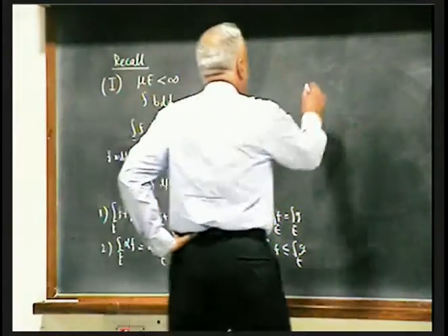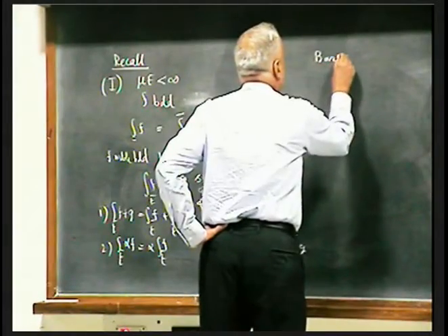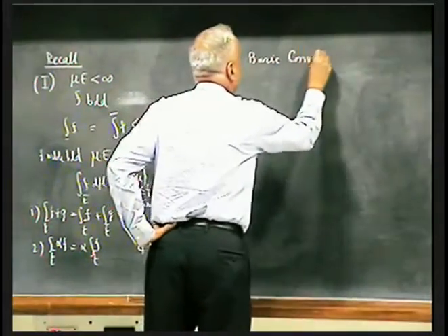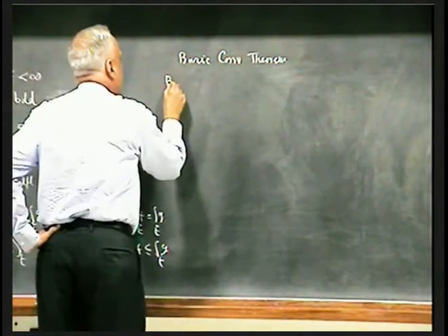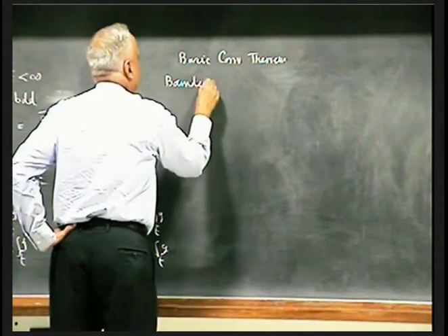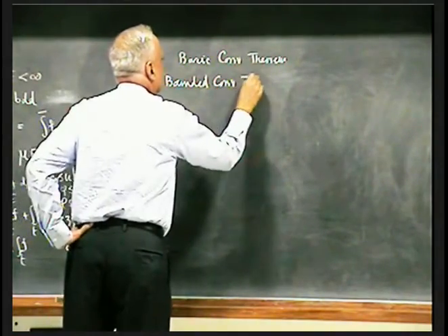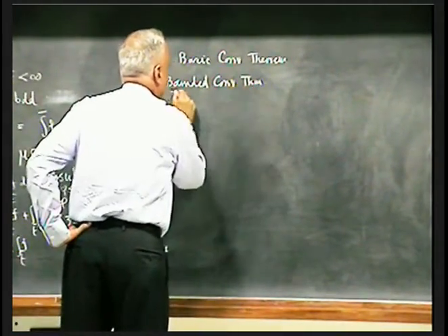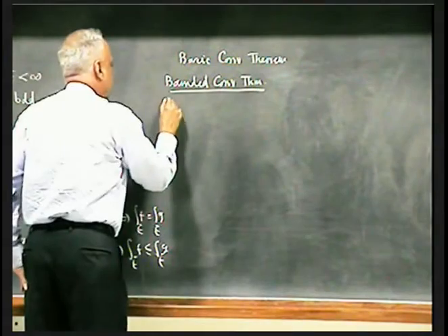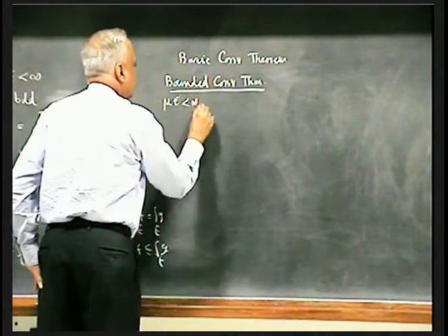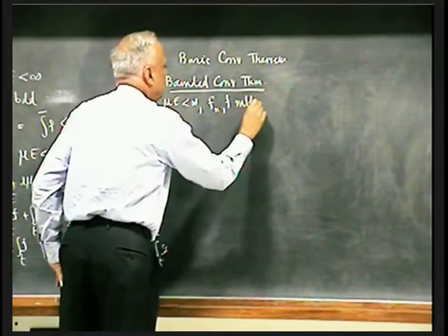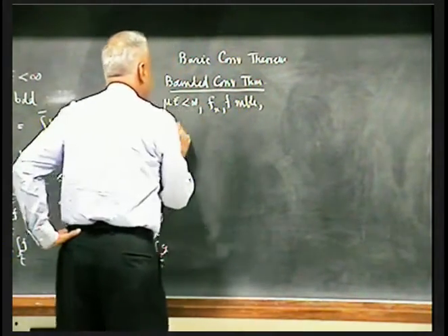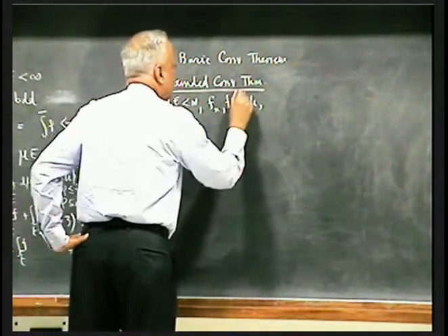So then we had the basic convergence theorem, which we call the bounded convergence theorem. It said that again mu of E is finite, f_n, f measurable, there exists M, bounded measurable.